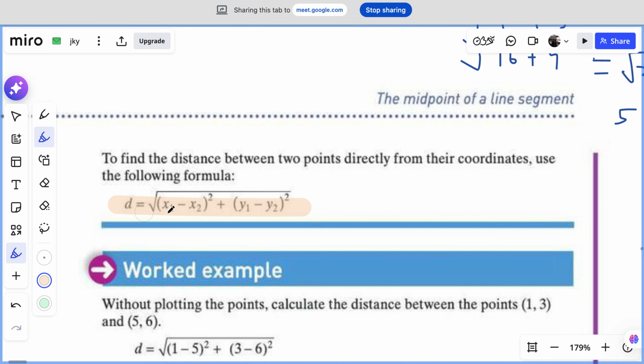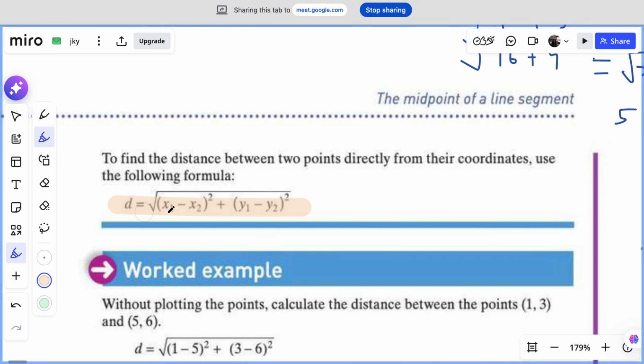AB is equal to the square root of x2 minus x1 squared. So we go to bracket and square them. Plus, we're going to square this one, y2 minus y1 squared.